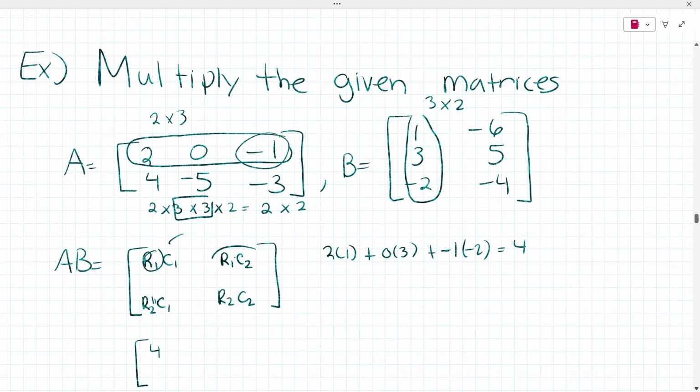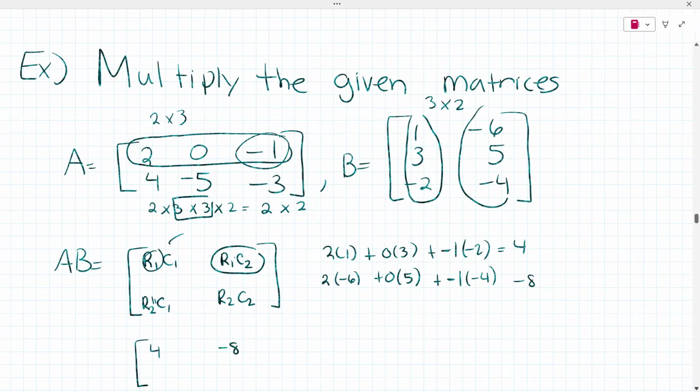Now do the same thing here. Now it's going to be row 1 times column 2. So it's this row times this column. So it's going to be 2 times -6 plus 0 times 5 plus -1 times -4. And when you do that, that gives you -8.